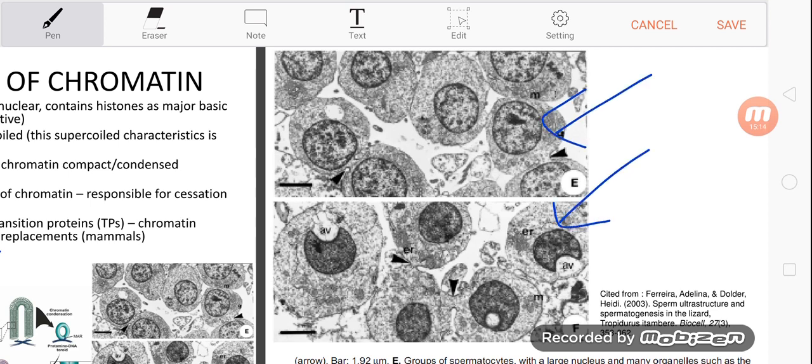This one is lighter, and we can still distinguish the chromatin strands. And then during spermiogenesis, the DNA becomes more compact and condensed by the replacement of histone with protamines, so the more blackish color here.